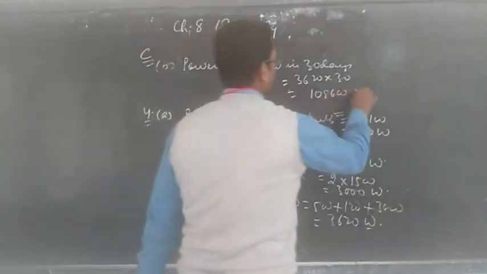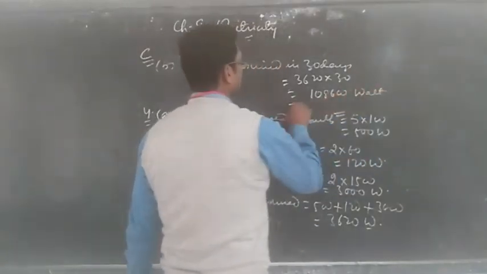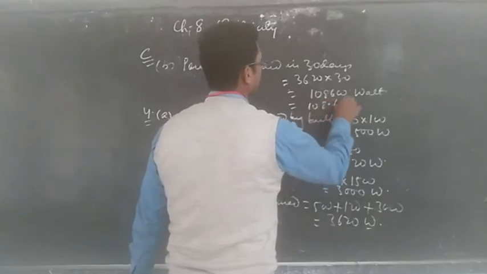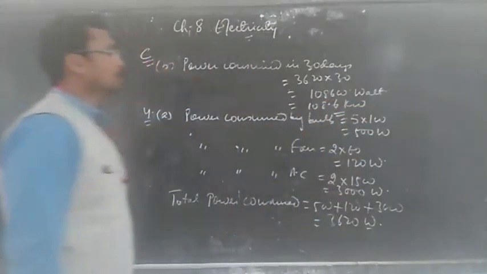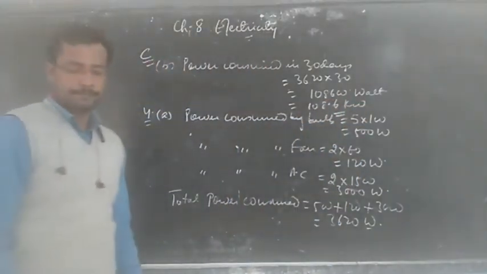So this is in watt. Now to convert into kilowatt, divide by 1000 to get the answer 108.6 kilowatt.